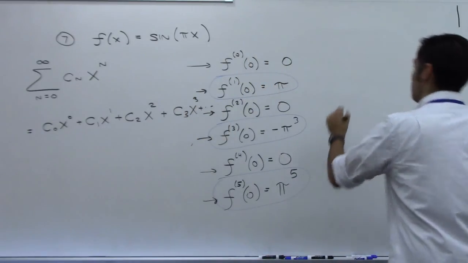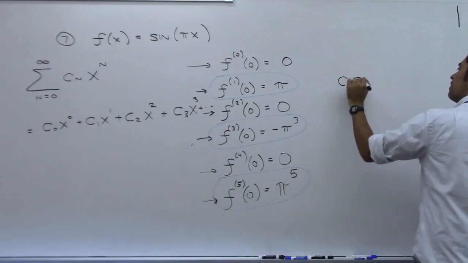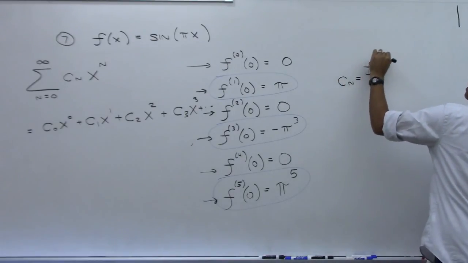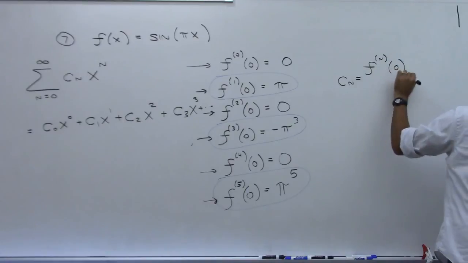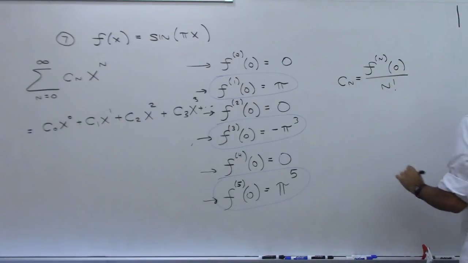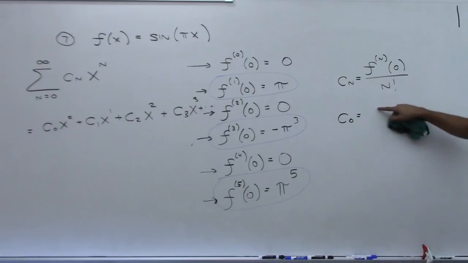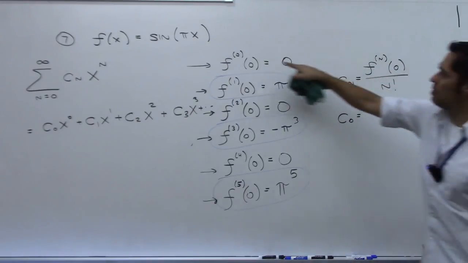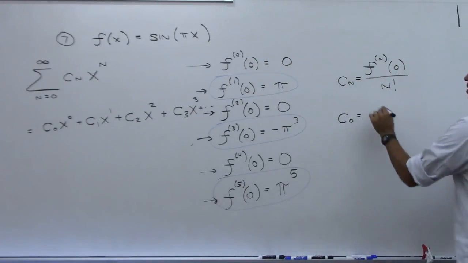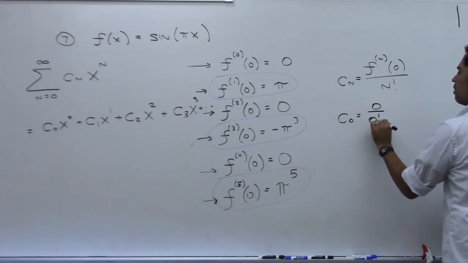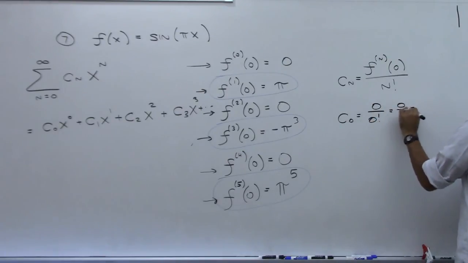Now, remembering that c sub n is the nth derivative at 0 over n factorial, c sub 0 would be the 0th derivative at 0, which is 0 over 0 factorial, which is 0 over 1, which is just 0.